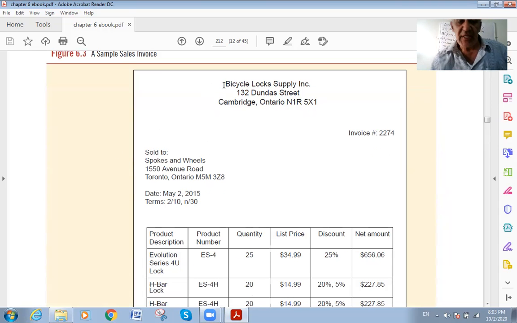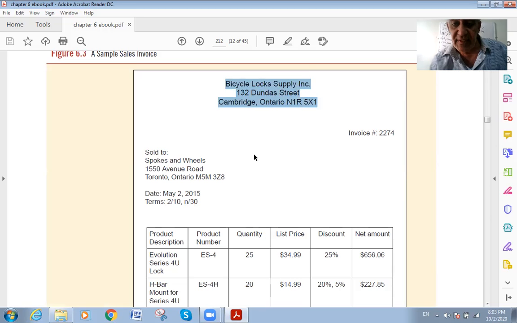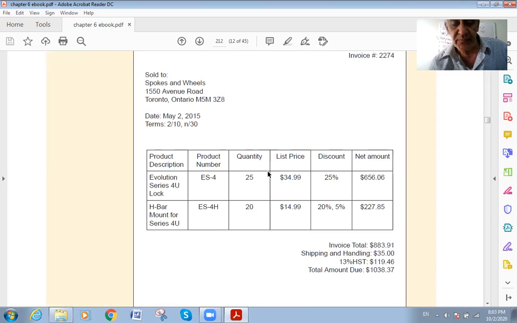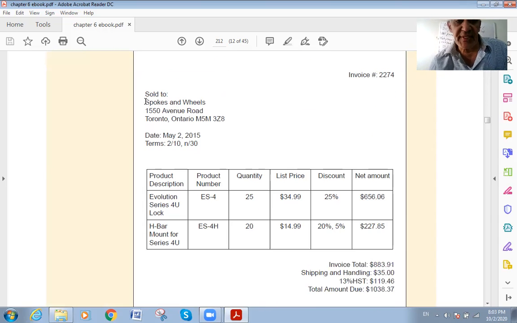Now this here is the address of the seller. This is the address of the buyer.